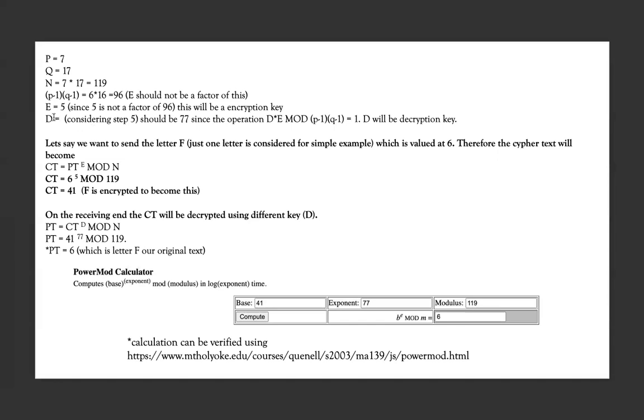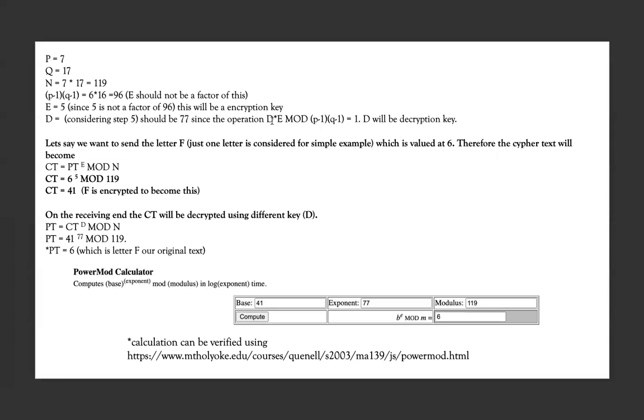So D should be 77. Why should D be 77? Because 77 satisfies this condition. When I multiply 77 by E and take the mod with P minus 1 times Q minus 1, my answer is 1. So trust me, this value is true. It's perfectly fine.